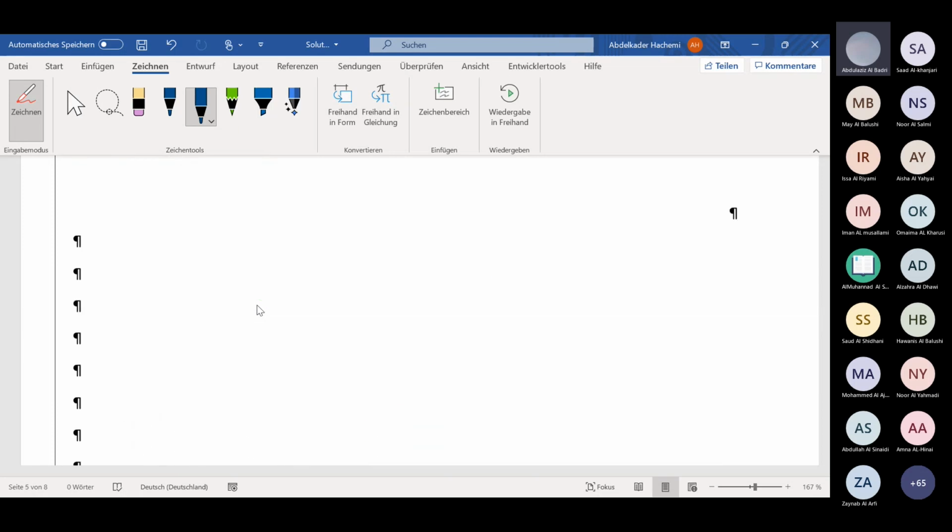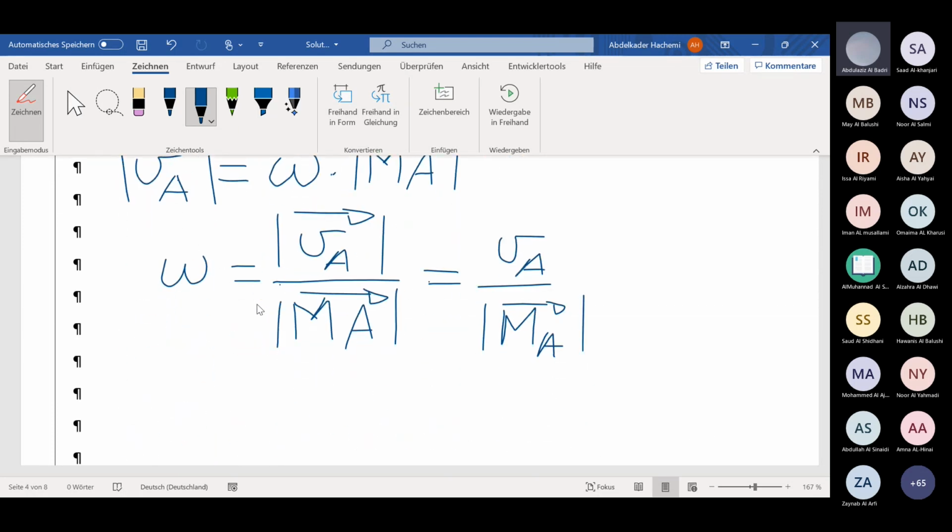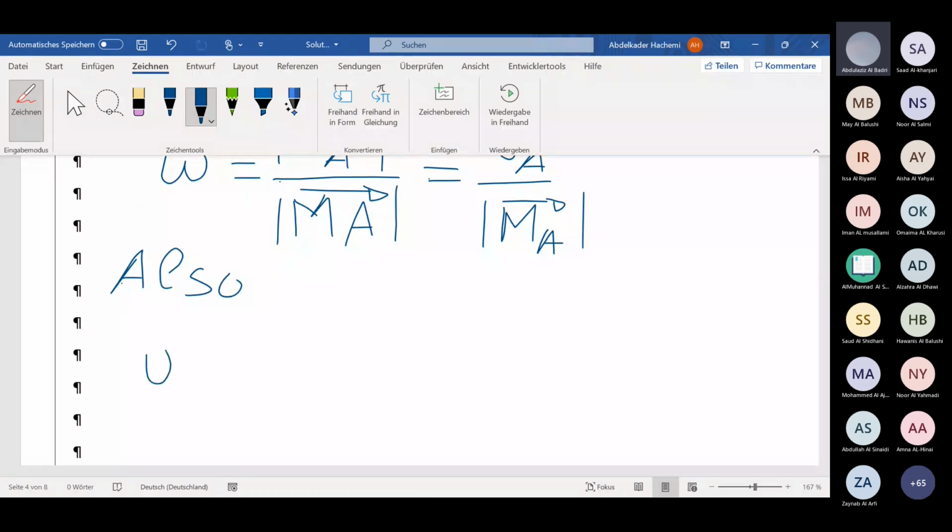Now, if we make so, then we get the value of omega. We replace it, then we get also VB. I write here VB. It will be the same equation.